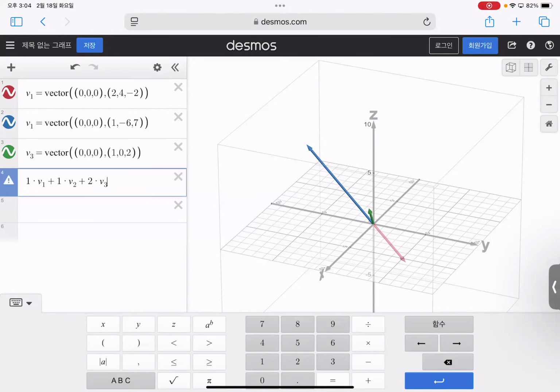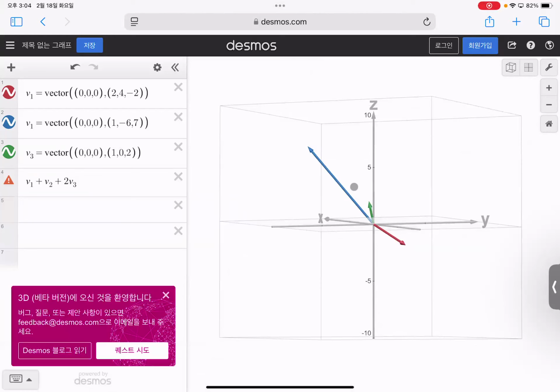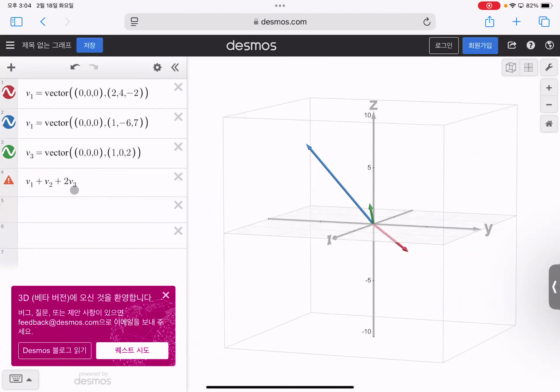Oh, oops. Not right. I should not be using this. Let's get rid of a bunch of ones. And something is not right.